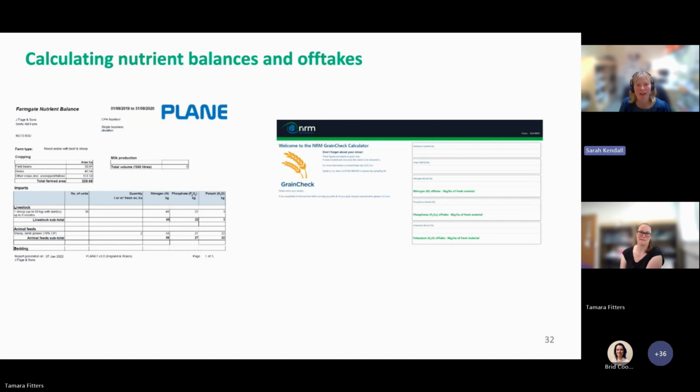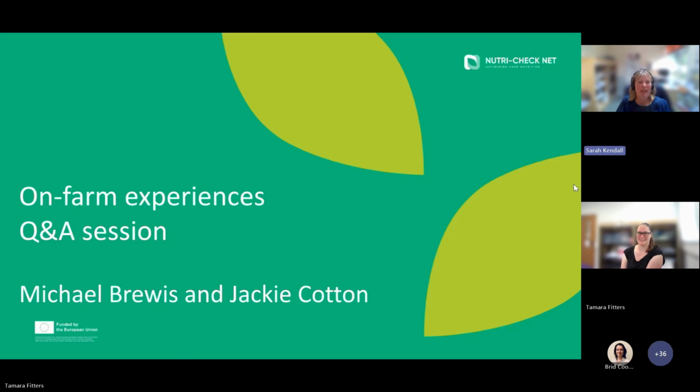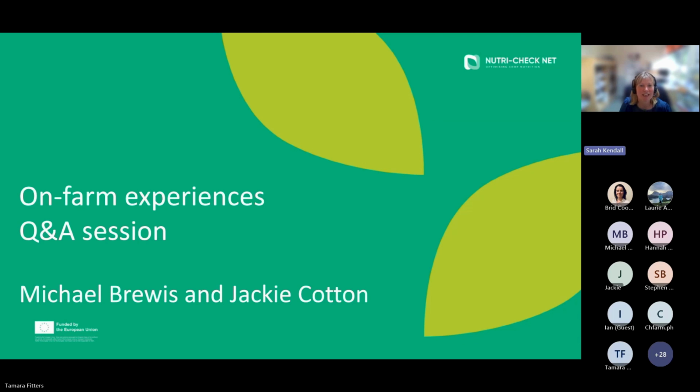And NRM have a handy tool that allows you to calculate offtakes as well using nutrient concentrations. Okay. Yeah, so I won't talk through those points because we're short on time, but making sure you get organised is really important. So I'd now like to ask Michael and Jackie to turn their cameras on.